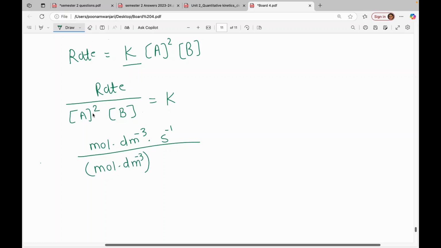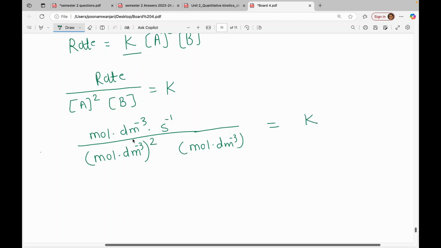So here concentration of A is to the power 2 and concentration of B is mole per cubic decimeter, which is equal to K.